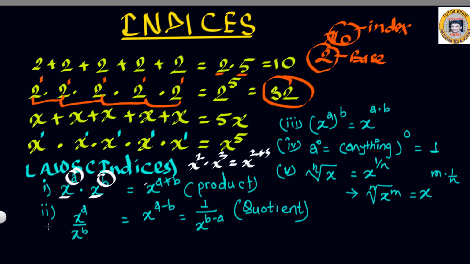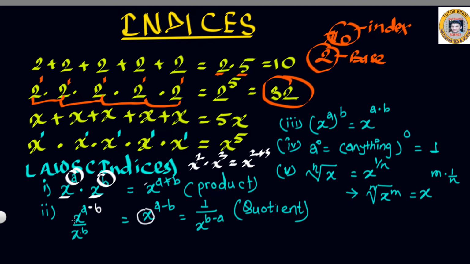Similarly, if you want to divide indices with the same base by another one, then we have base x in both cases. In the numerator, you would have x to the power a, and you would subtract the power which is in the denominator. But it has to be of the same base.